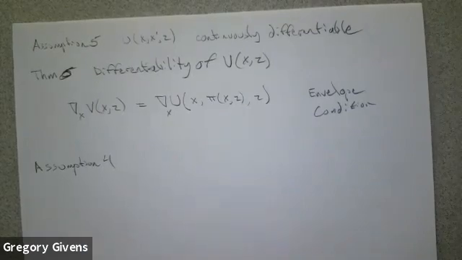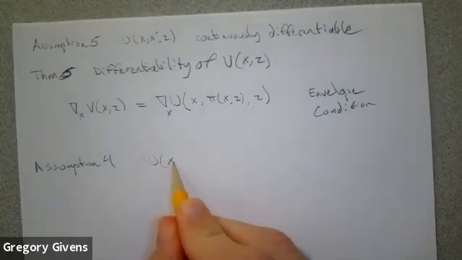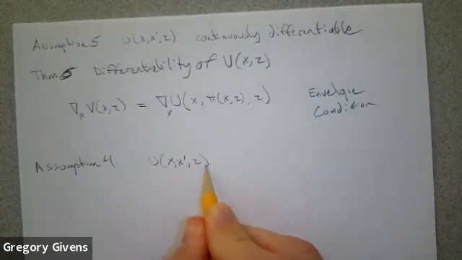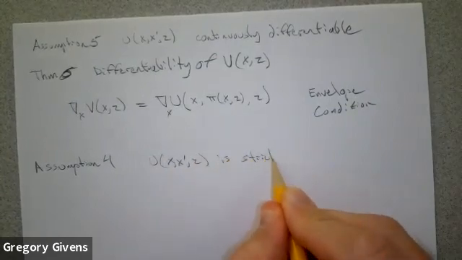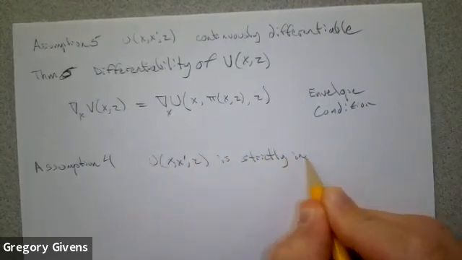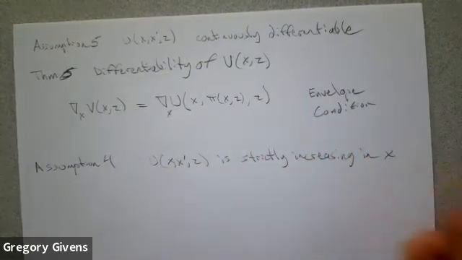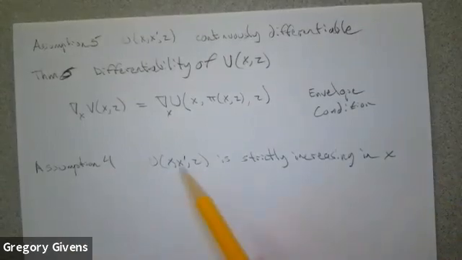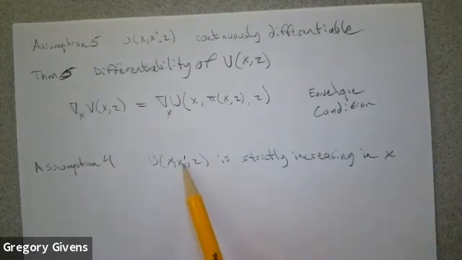Assumption 4 says that for each x prime in X and each z in big Z, u of x, x prime, z is strictly increasing in x. So if you increase the value of the state vector, you increase the current payoff function for any feasible x prime and any choice of z.